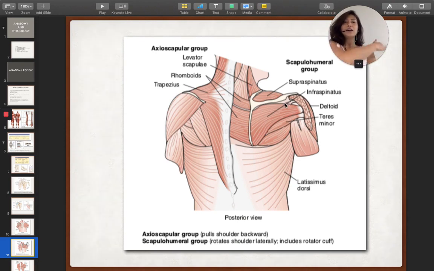And from here at the back, right here, it's called infraspinatus. And infraspinatus is kind of like governing the scapulars, and then it inserts under the deltoid.